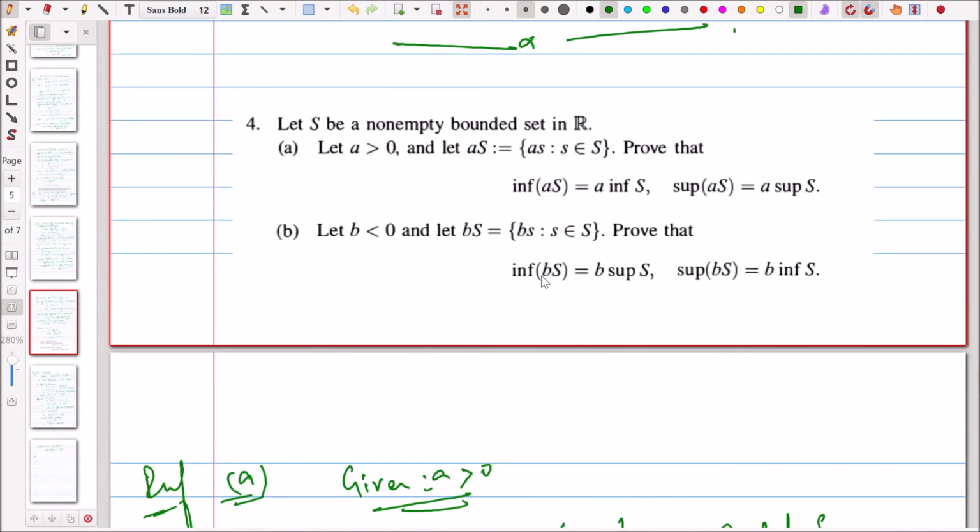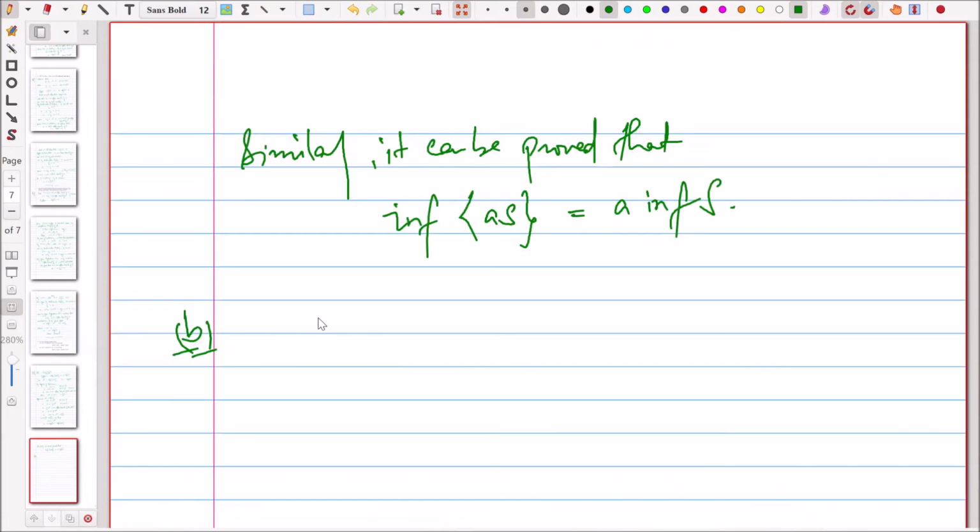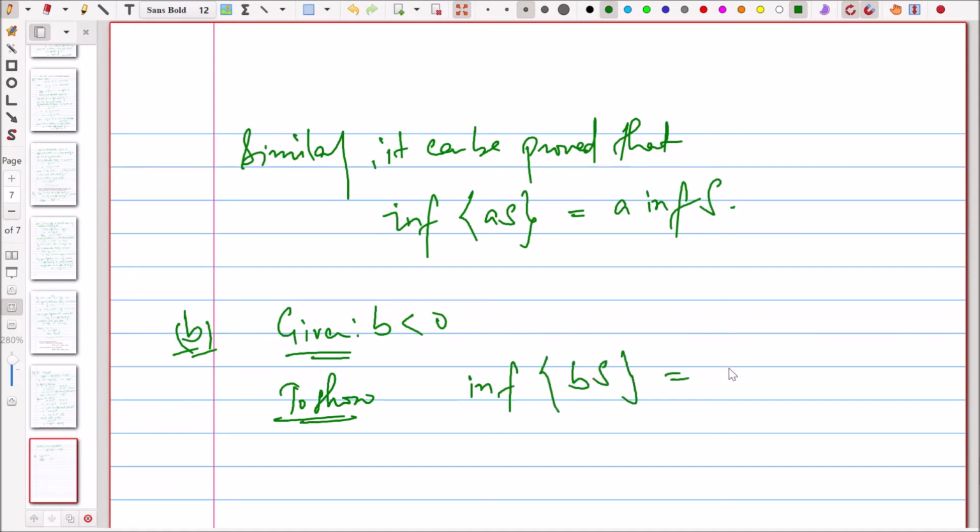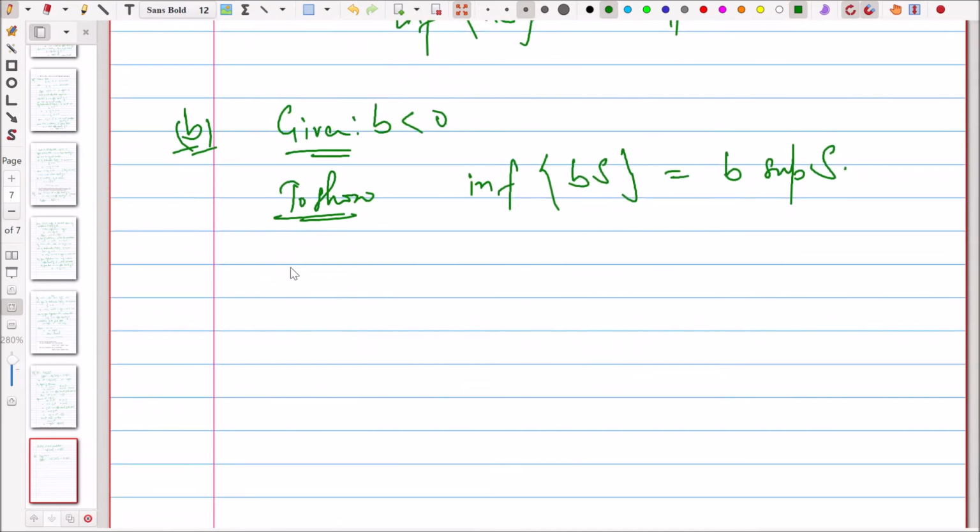So we'll prove that infimum of BS is equal to B times supremum of S. So we're given B is less than 0, to show infimum of BS is equal to B times supremum of S. So again in this case, we will let W star equal infimum of BS and W equal supremum of S.